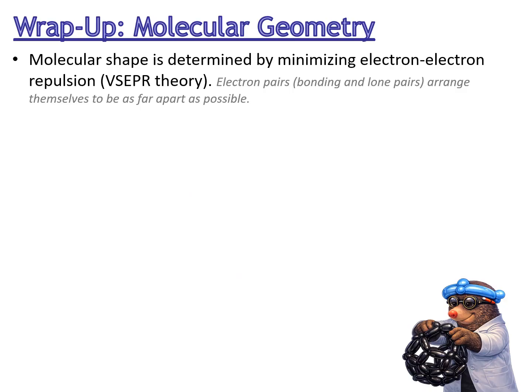All right, finally, to wrap up. VSEPR theory says that we are going to minimize the amount of repulsion between electrons in bonds and in lone pairs. Just remember that the amount of space that the lone pairs take up is a little bit bigger than the bonding pairs.